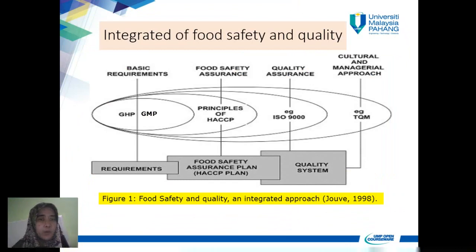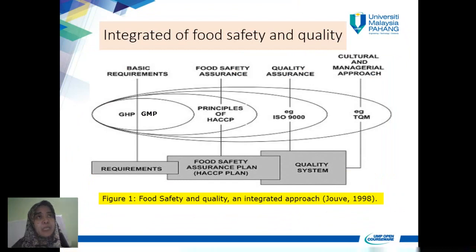So basically, whatever the safety components in food, the basic requirement must fulfill either GMP and GHP or only the GHP. It depends on the food operation itself.